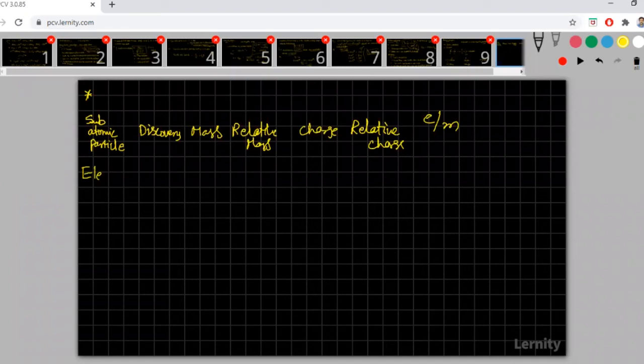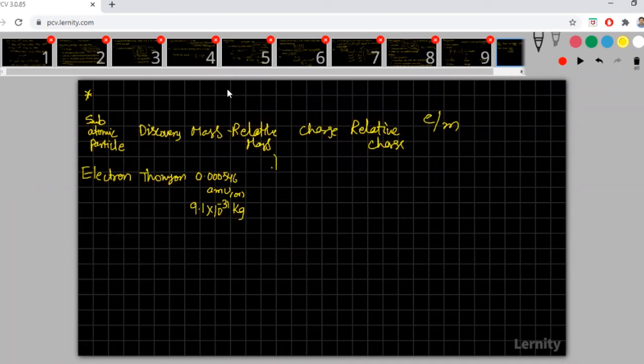First one: electron. Discovery by Thomson. What is the mass? 0.000546 AMU or 9.1 × 10^-31 kg.